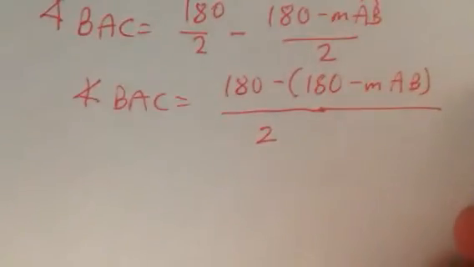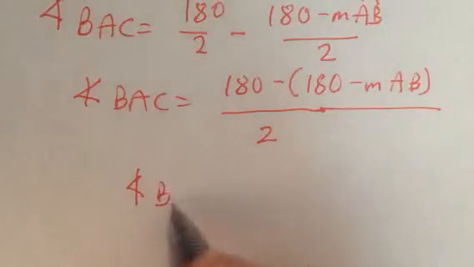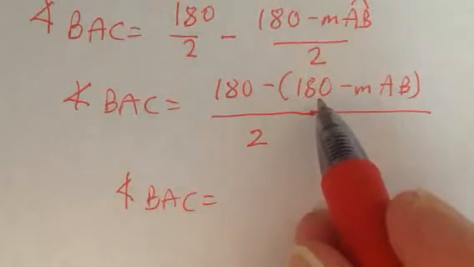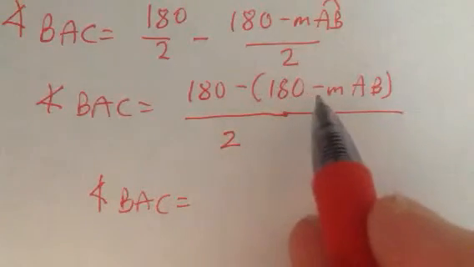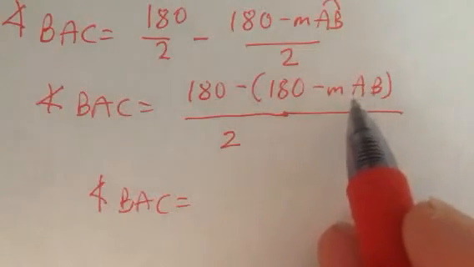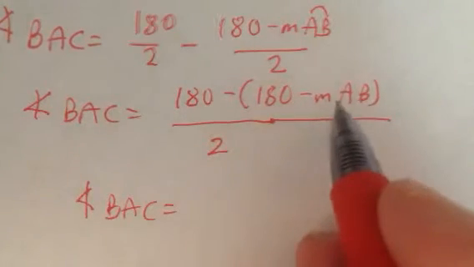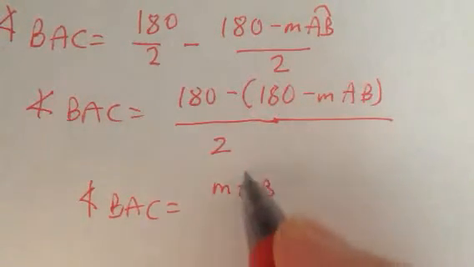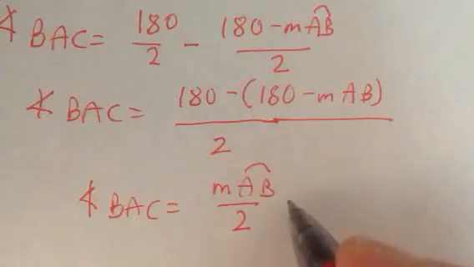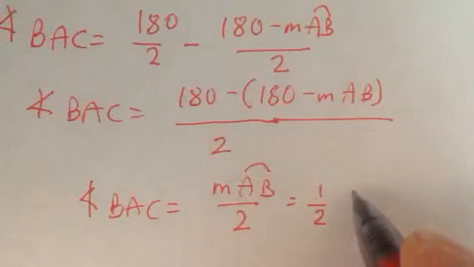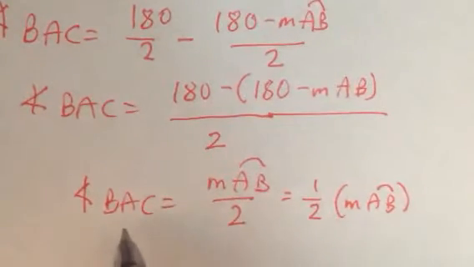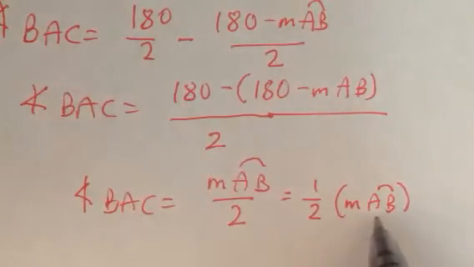That can be simplified to give us that angle BAC equals, well, 180 minus 180 is 0. 180 minus negative measure of arc AB is a positive measure of arc AB, so we end up with measure of arc AB over 2, or 1/2 times the measure of arc AB. So we end up with a formula telling us that angle BAC is 1/2 times the measure of arc AB.